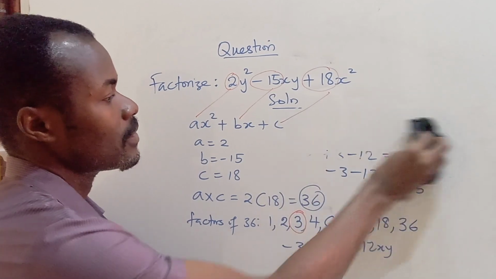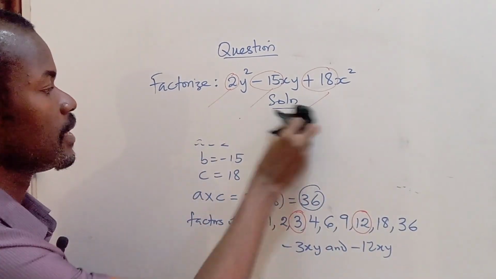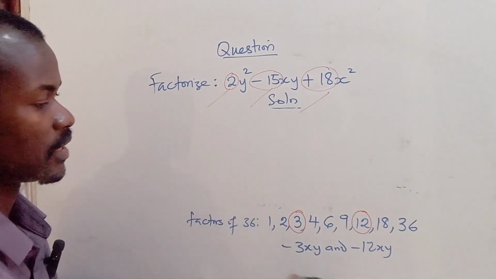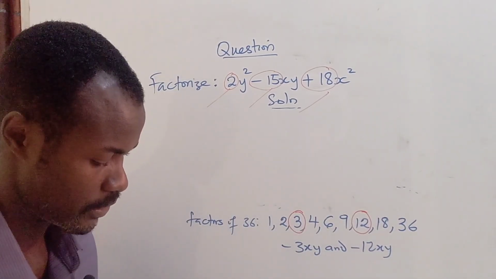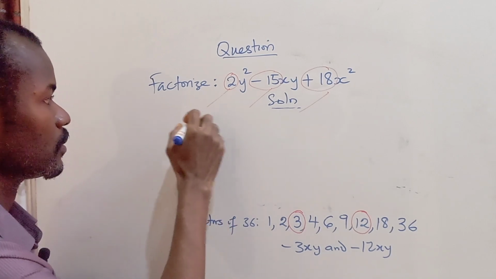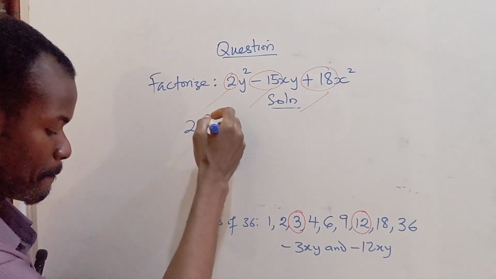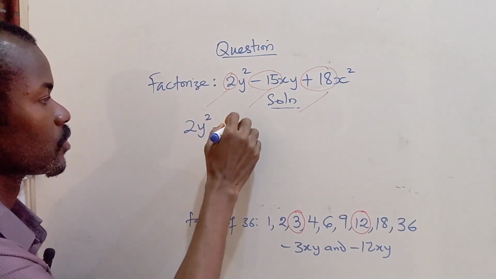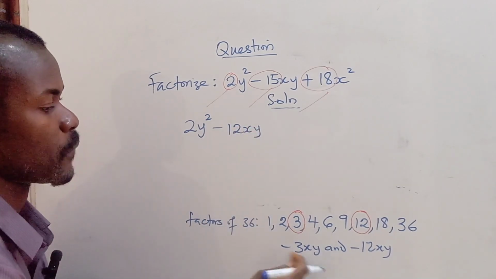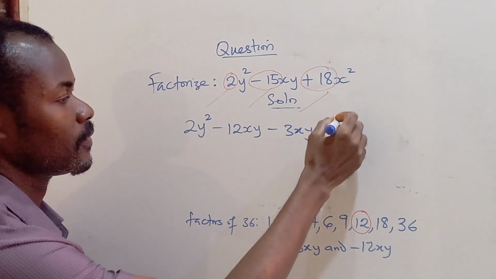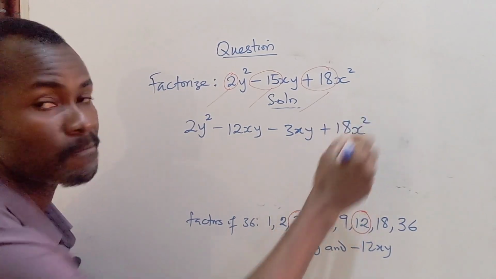Alright, so let's write the expression again and substitute these values into the expression. We are going to have our expression as 2y squared, then minus 12xy, then minus 3xy, and plus 18x squared.